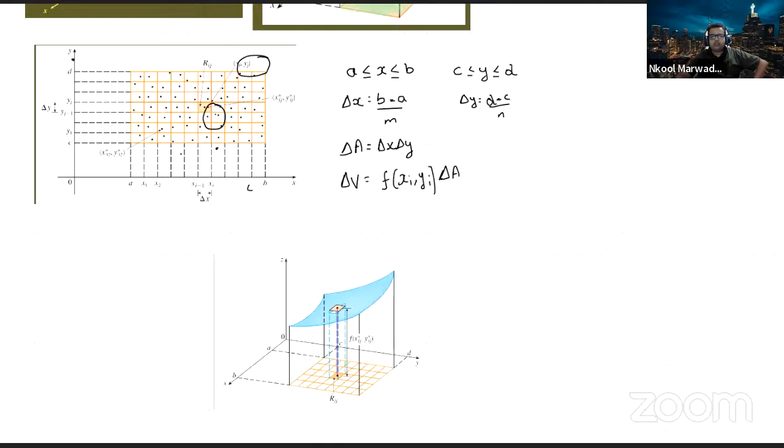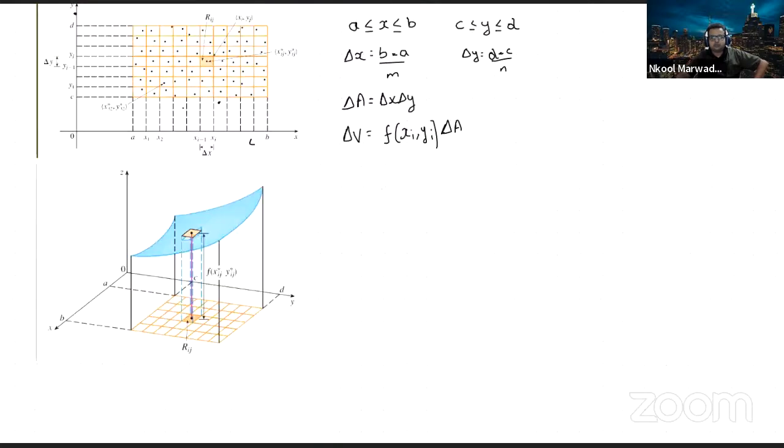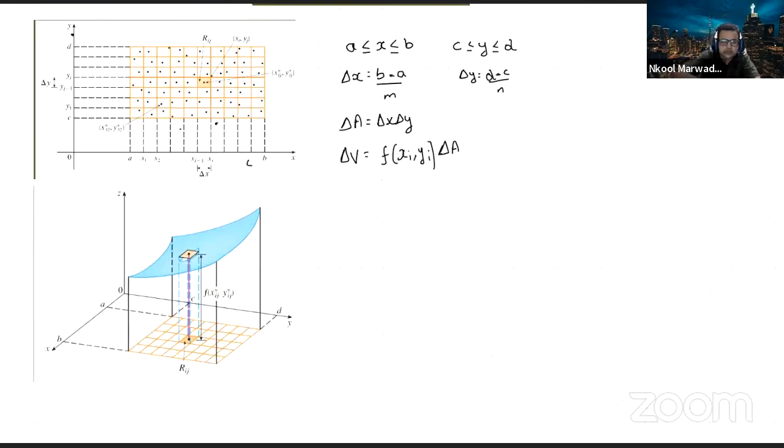So see here, whatever we have discussed now, the same thing you can see in this visualization.